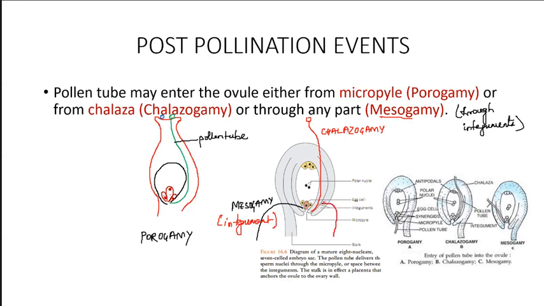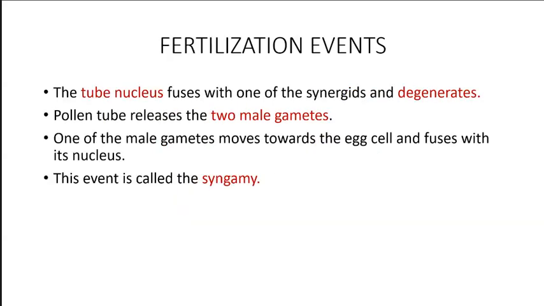Now, in fertilization, this is a very important feature of the angiospermic life cycle. Out of the two sperms which are produced, one fertilizes the egg and forms what?